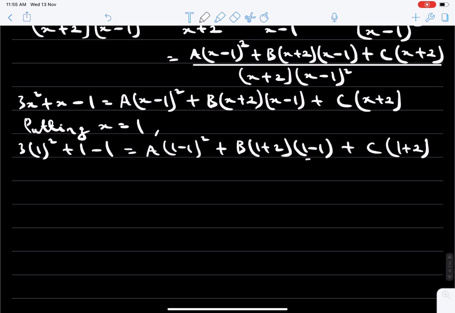Now 1 minus 1 is 0. That means the whole of this is 0. 1 minus 1 is 0. That means the whole of this is also 0, because 0 squared is 0 times a, that's still 0.